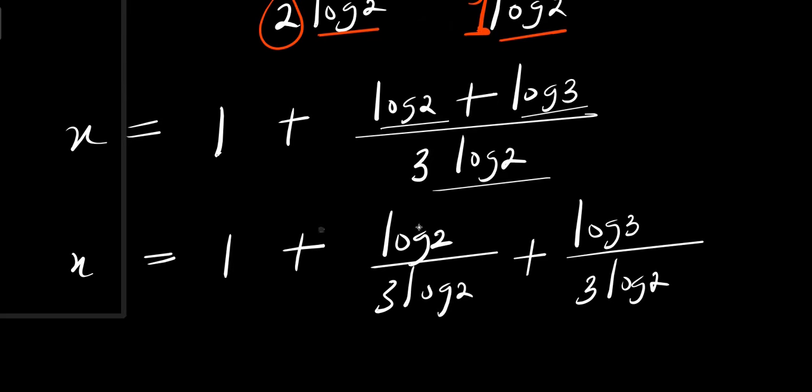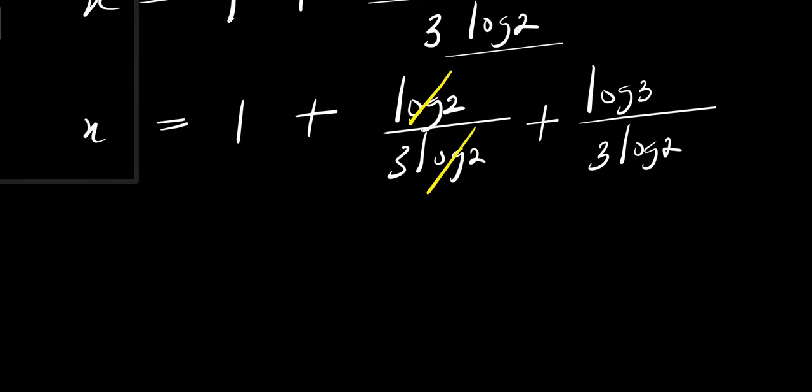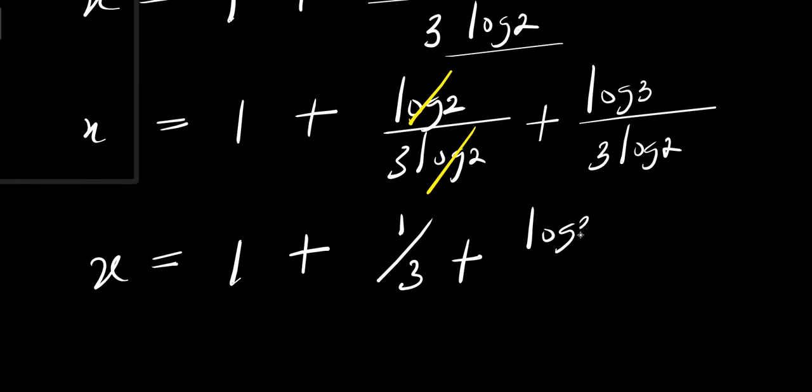So from here, log 2 eliminates log 2. x equals 1 plus 1 divided by 3 plus log 3 divided by 3 log 2.